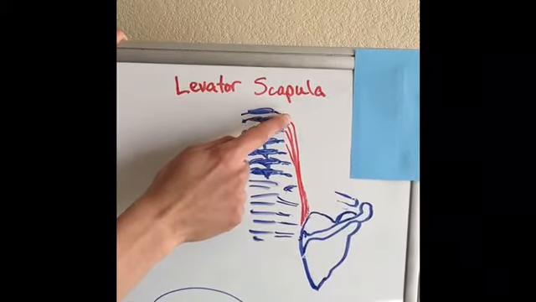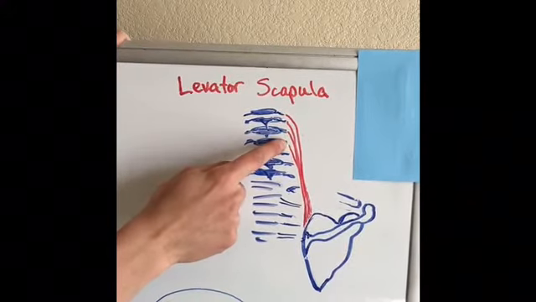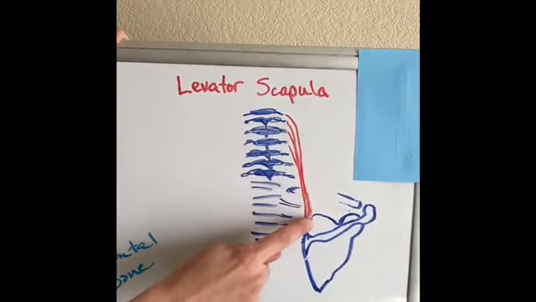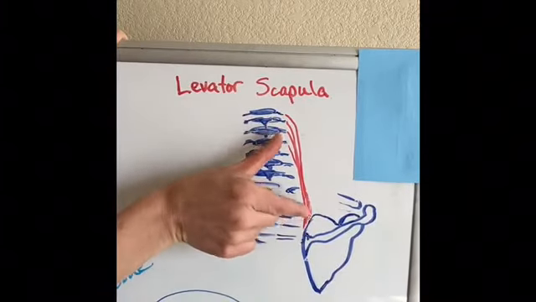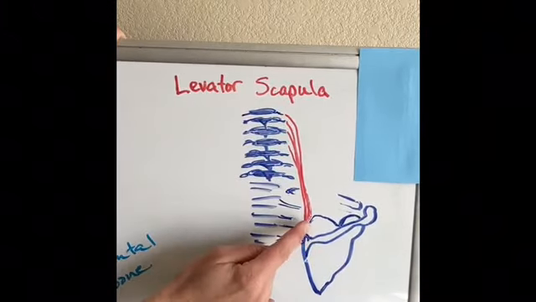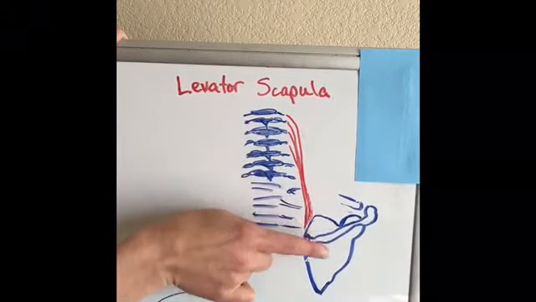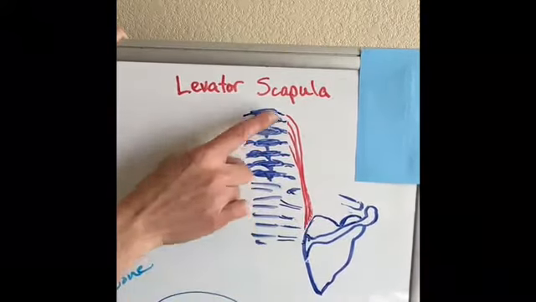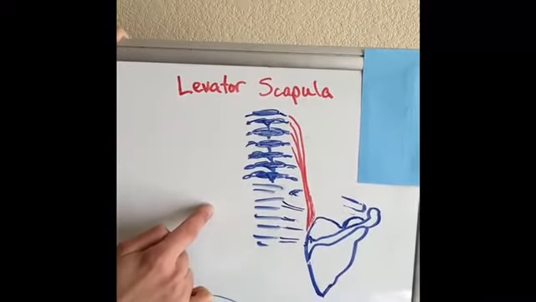It starts at the top. It goes from here to C1 to C4, joins up, and comes to the top of your shoulder blade. So you can see when this gets tight, it will pull the shoulder blade up. It can pull the neck back and to that side, whichever levator scapula you're talking about.